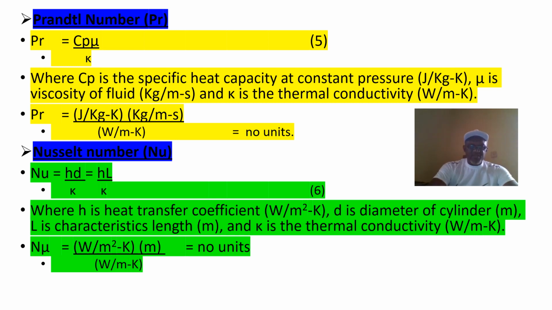The next is the Nusselt number, which is hD over k. h is the heat transfer coefficient, D is the diameter of the cylinder, L is the characteristic length, and k is the thermal conductivity. If we also substitute the units, it will have no unit.